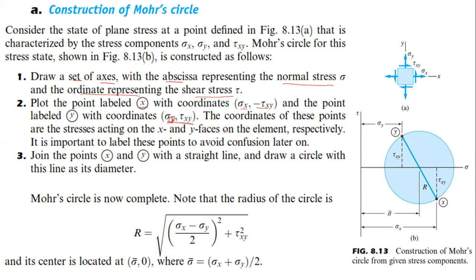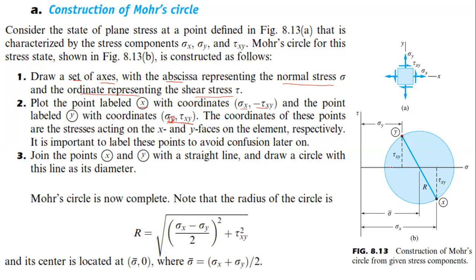In this state of stress, for a sample material, the faces are two-dimensional, x and y. So the stress along the vertical axis, or y, is sigma sub y.